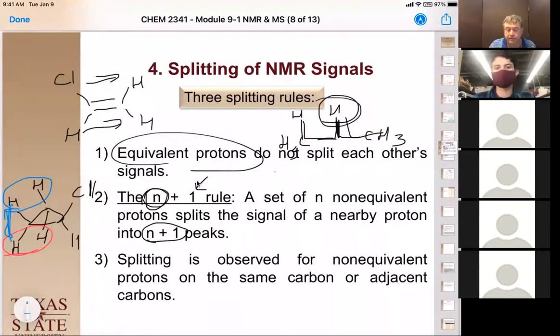In this case, we're talking about a hydrogen within 2 bonds of a non-equivalent hydrogen. So the true rule is that any non-equivalent hydrogen 2 to 3 bonds away will split your single equivalent proton peak. Okay, so let's apply that and look at that a little deeper.